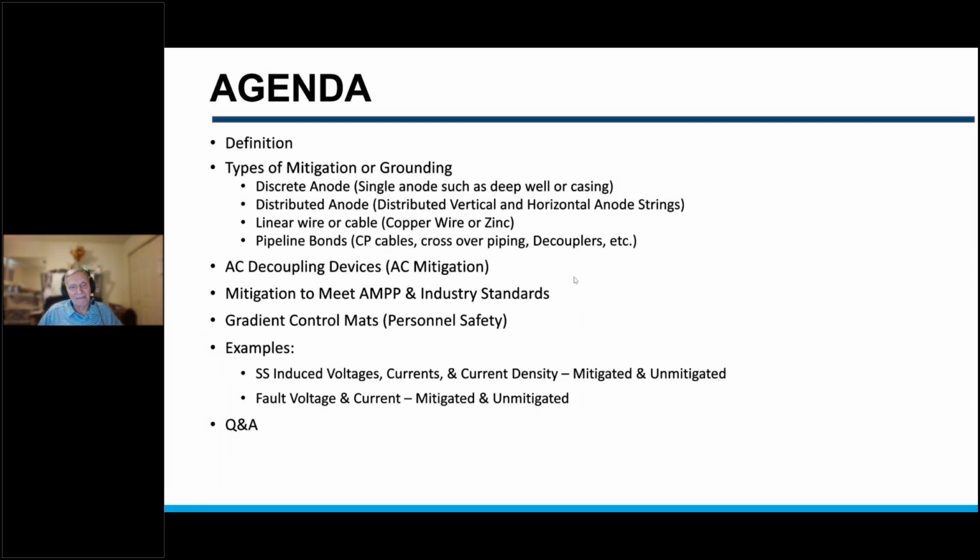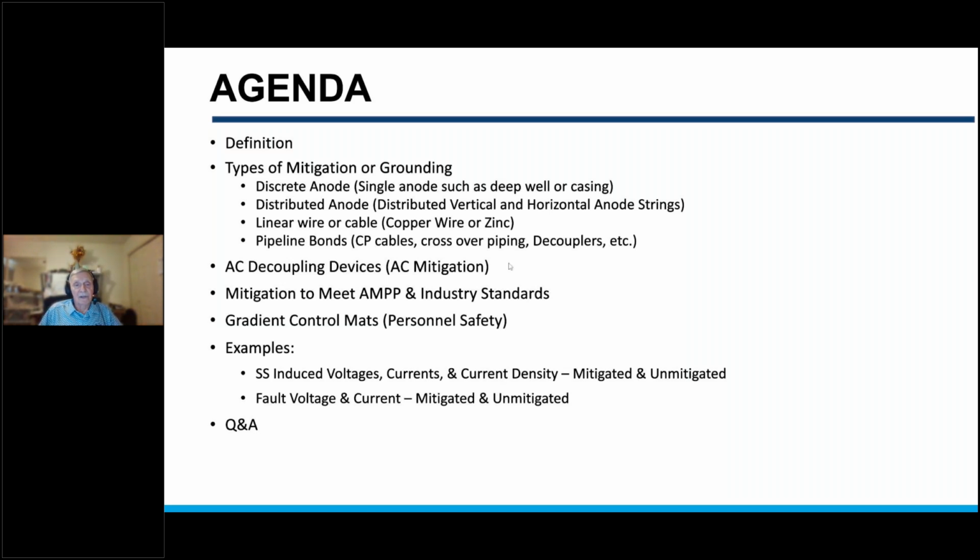So thank you. The agenda is going to include a definition of mitigation, and we're going to talk about the types of mitigation, or grounding. I want to discuss the types, which would include a discrete anode, something that's used quite a lot where we're trying to bring down spikes in the voltages and things of this nature.